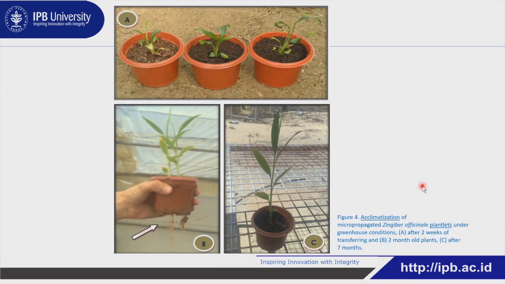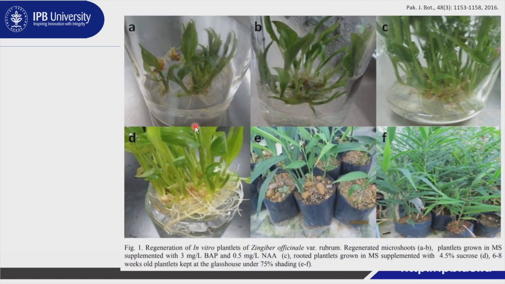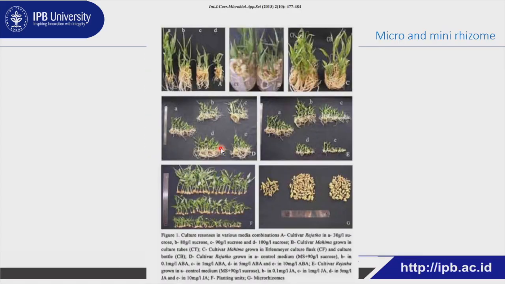And after that, we can do acclimatization, and we can also optimize the multiplication and rooting using sucrose, using auxin, etc. And even for ginger, we can also consider using micro and mini rhizomes.